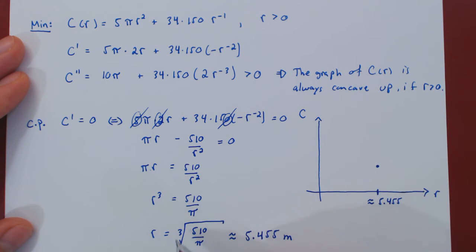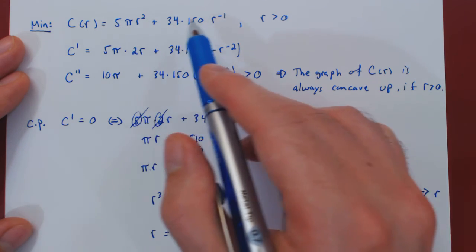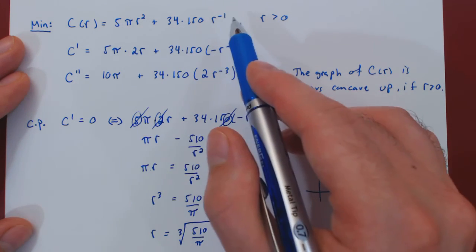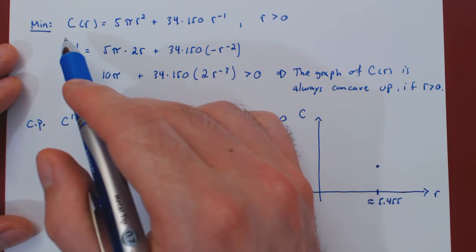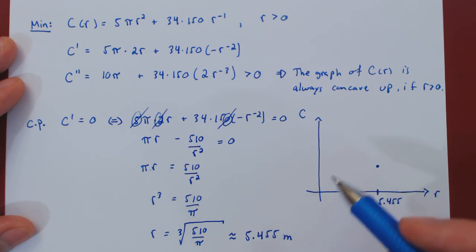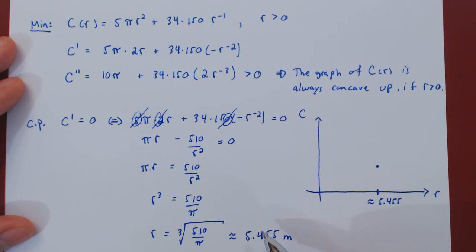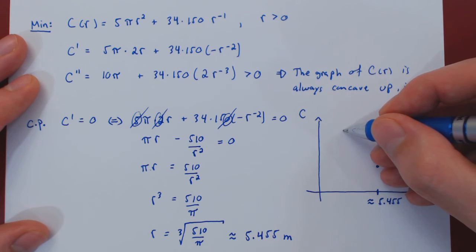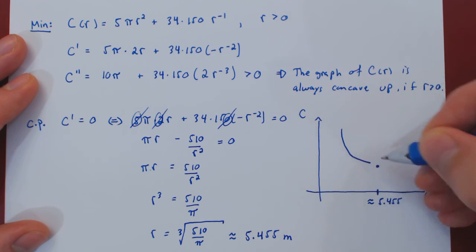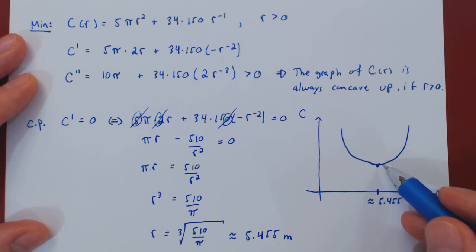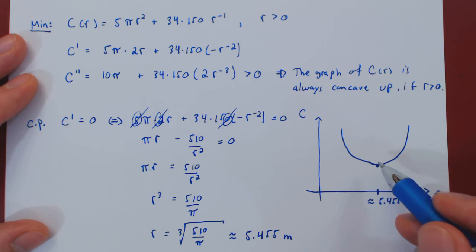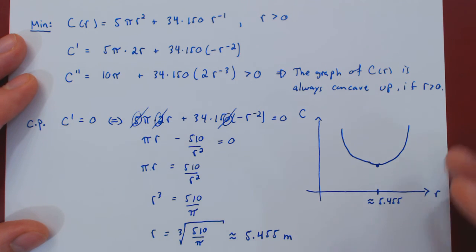You could, if you plug this back into the cost function, you will find the exact cost of building the tank, and that of course will be the smallest possible cost. But at this value of r, the derivative was 0, so the curve here is flat. The graph is always concave up, so it can only look one way, more or less as a parabola. So our unique critical point has to be the absolute minimum.